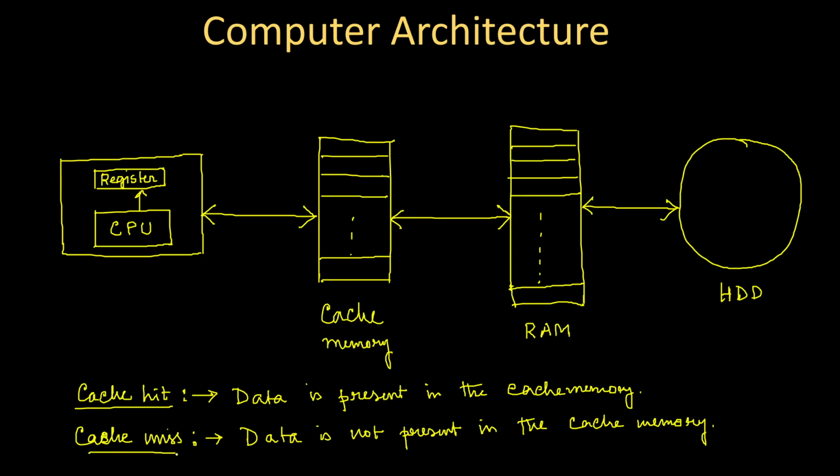Now naturally the question will come that if there is an n number of instructions, obviously all the instructions may not be present in the cache memory at a time, so there will be some cache hit and there will be some cache miss. Now the ratio of this cache hit is actually what we call hit ratio.